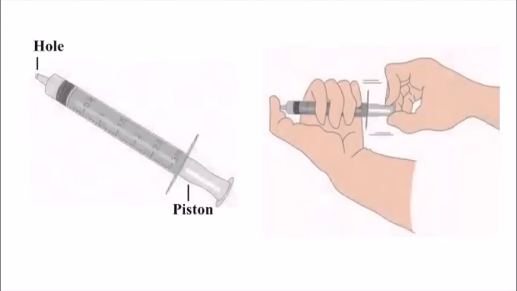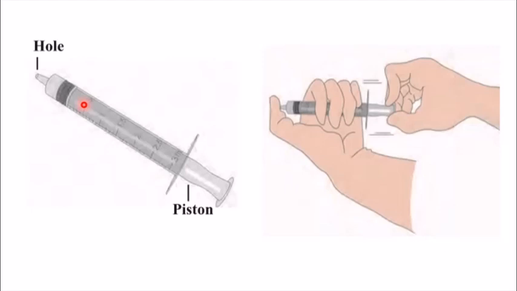To know the property of air, we can do a simple experiment by using a syringe. You don't have to use the needle part of the syringe, only use the plastic part. In a syringe, you will see that a hole is there on the topmost part and at the end there is a piston. We need to pull this piston down, and as you pull this piston down, then water or air, anything can be pulled from this hole into it.